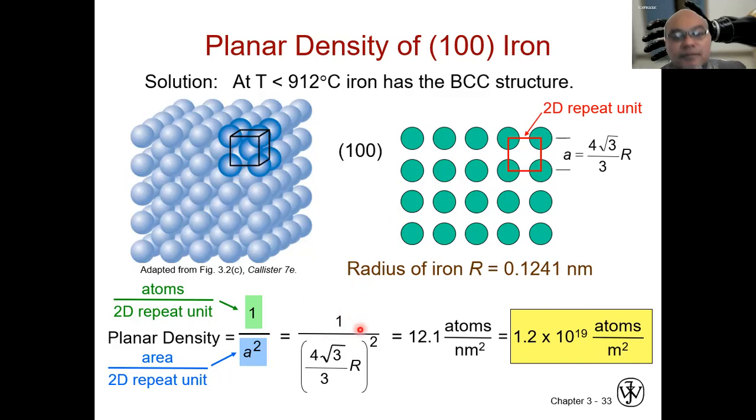So the atoms per repeating unit is 1 divided by a squared. We substitute a with 4 square root of 3 divided by 3 times R, squared, and we will find 12.1 atoms per square nanometer. Or if we change into square meters, it will be 1.2 times 10 to the power of 19 atoms per square meter.